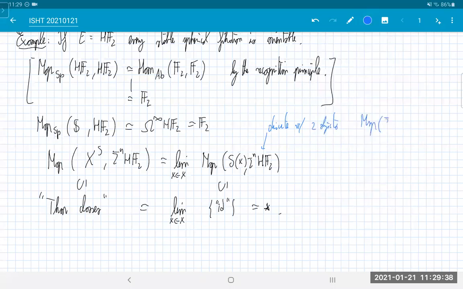write it. Maps from S and sigma and F2 is the same, since sigma is an equivalence, discrete space. In fact, it's just the space 0, 1. Literally, it's just a set with 2 objects, 0, 1. So in fact, I'm doing all sorts of non-canonical identifications here, but it boils down to this: I have a discrete set with 2 objects, one of which is 0 and the other I call 1.